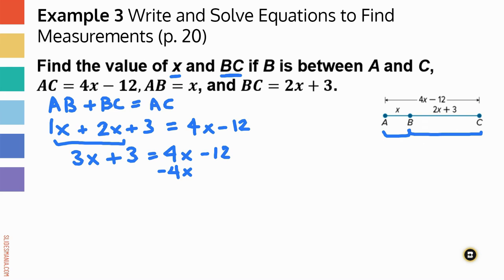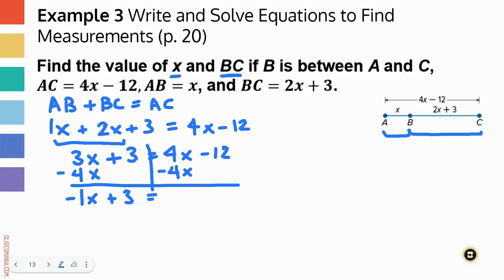Otherwise, you can write it like I'm doing. So I'm going to do minus 4x on this side. And then 3x minus 4x is negative 1x. And then plus 3 comes down. My equal sign comes down. 4x minus 4x cancels out. And then I have negative 12 left on the right side.